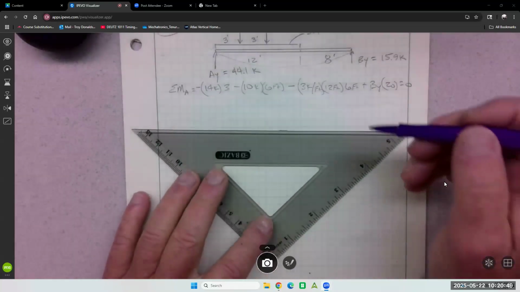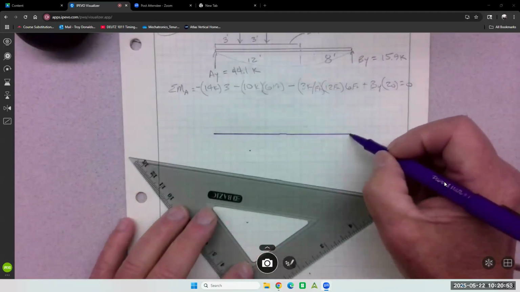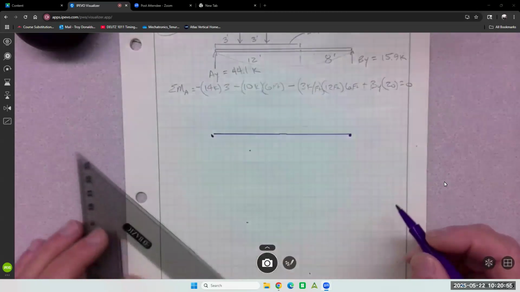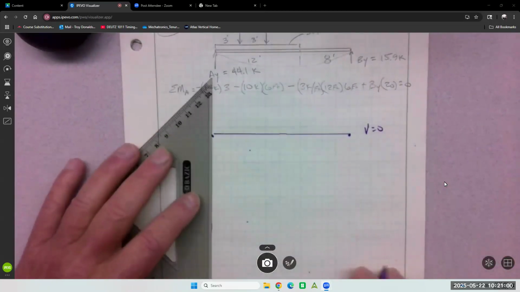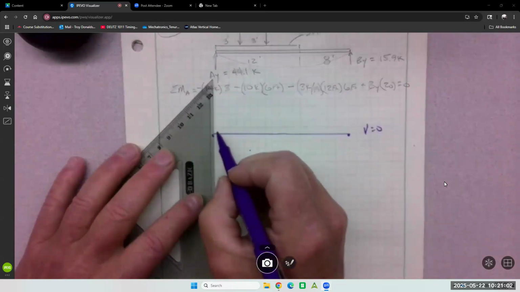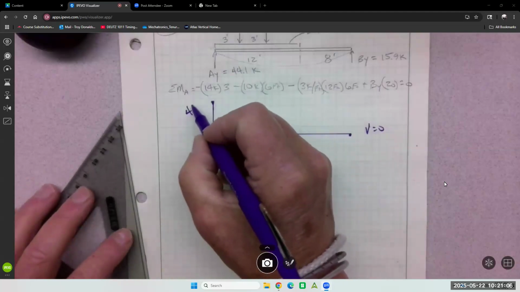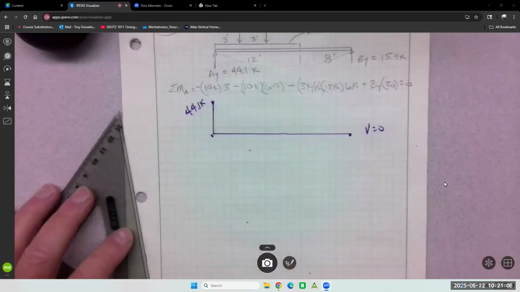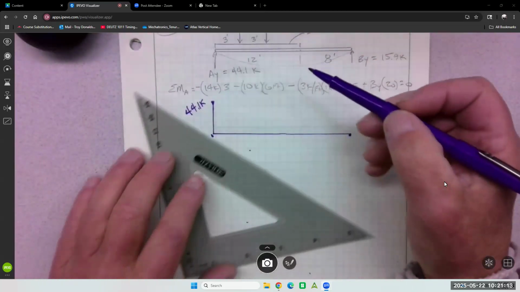All right, the graph. Shear diagram. Follow these. It goes quite a bit up. 44.1 k. Then it comes down 3 kips per foot, so it's going to come down 36.